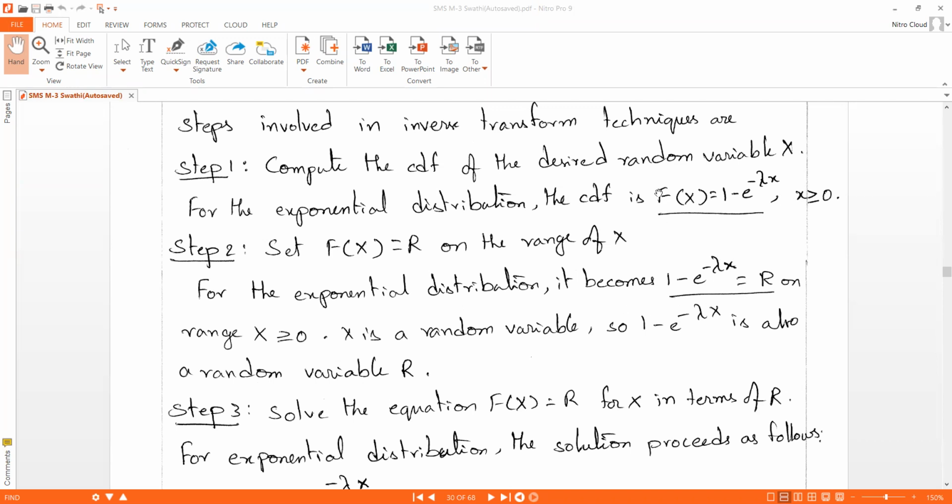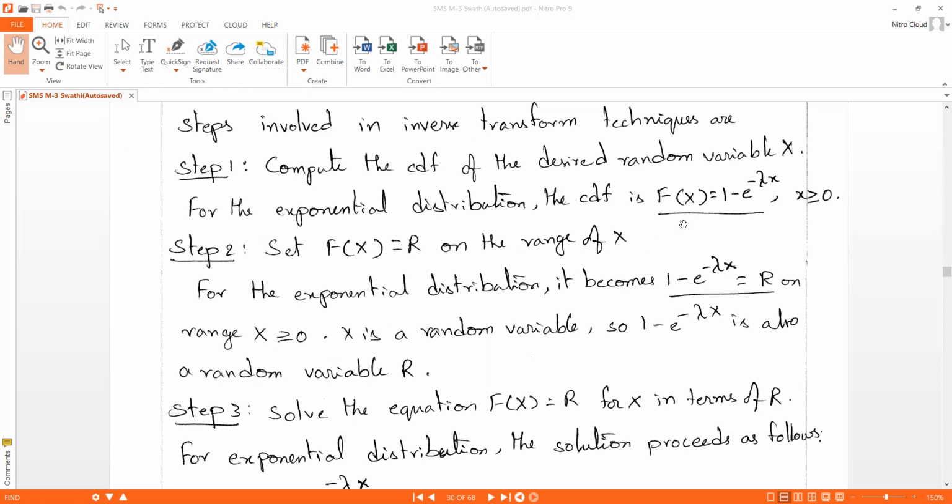Why? Because F of x is equal to 1 minus e power minus lambda x, so we can write F of x equal to r like this.